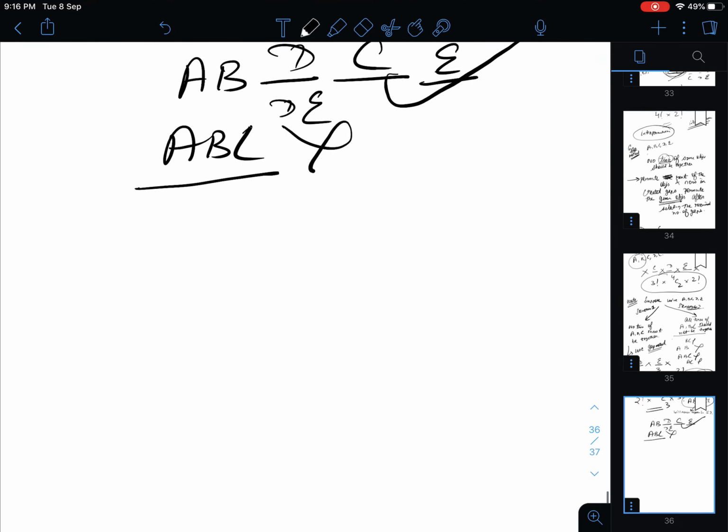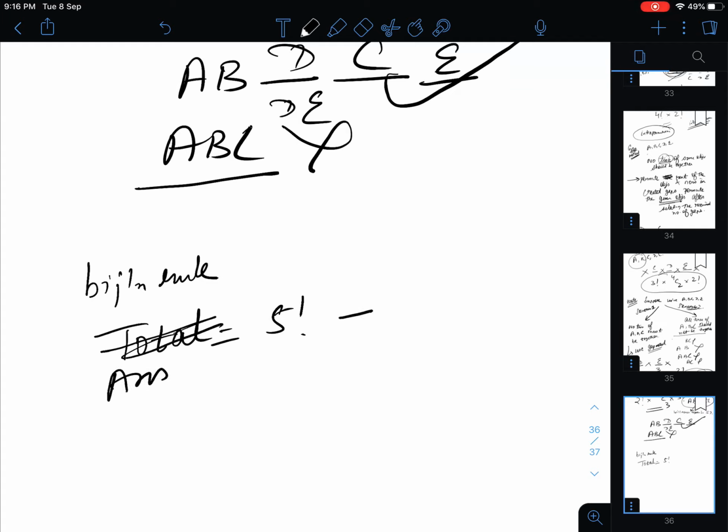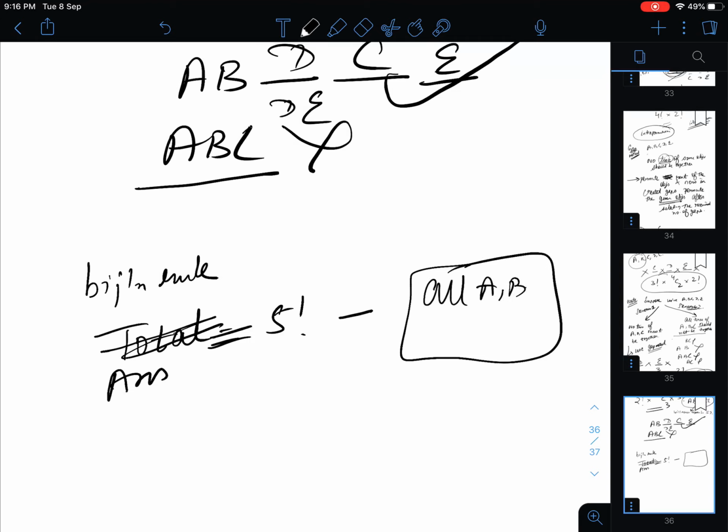Now for scenario 2, we will use the bijection rule. We calculate the total number of arrangements, which is 5 factorial, and subtract from it the unfavorable cases. The unfavorable cases are those when all of A, B, C are together.